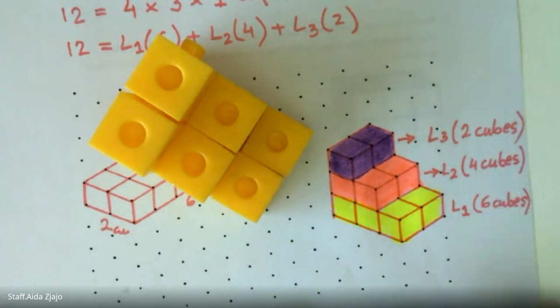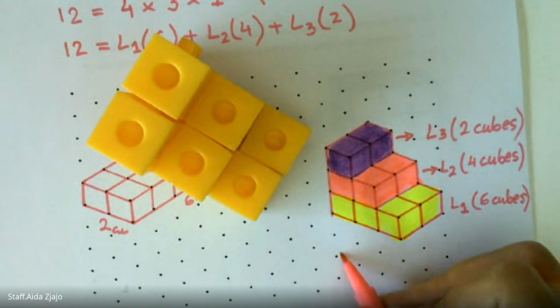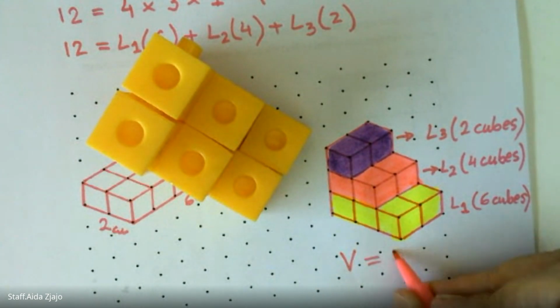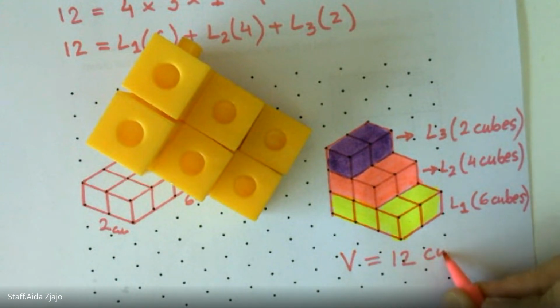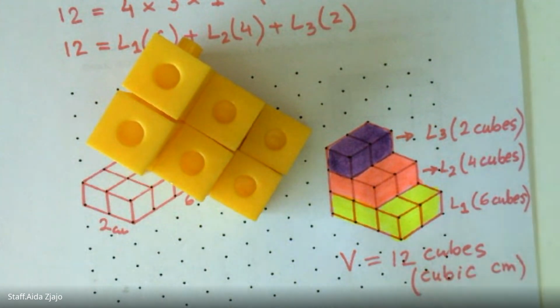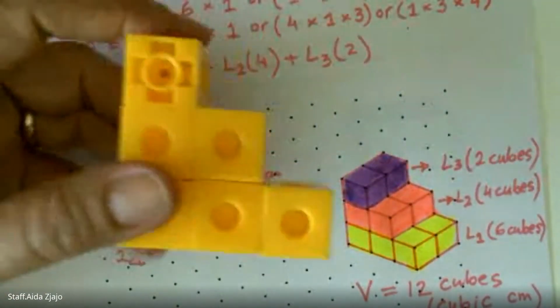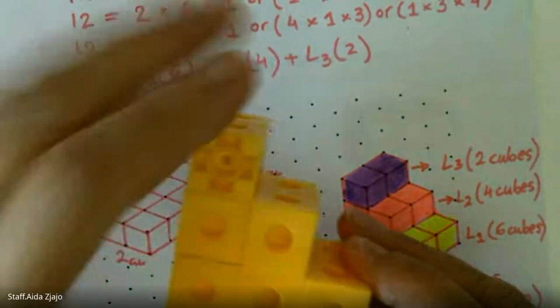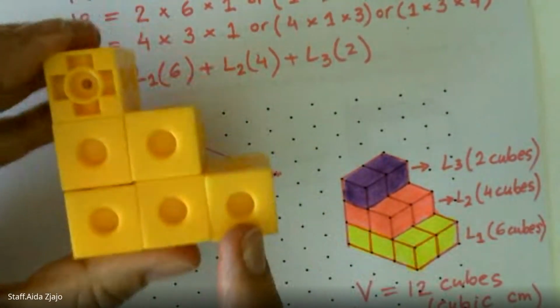So all together the volume is 12 cubes, or cubic centimeters. This is cubic inches because my cubes are not cubic centimeters.